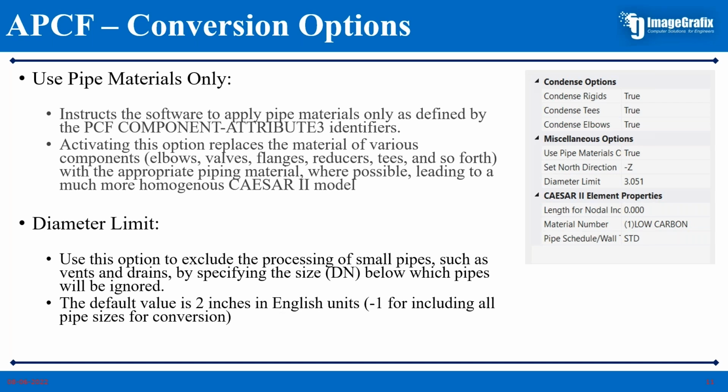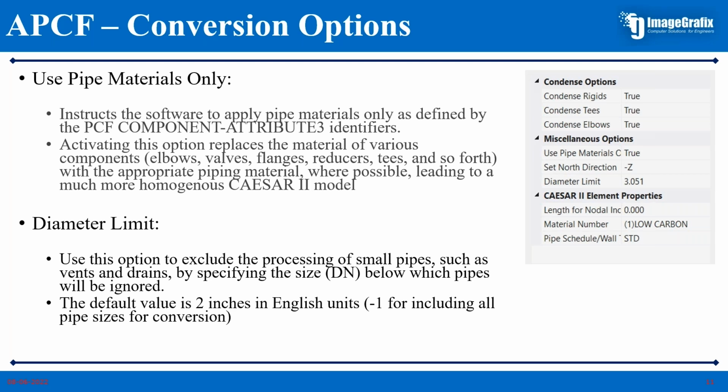Next, use pipe materials. The default option will always be true for this. Pipe material is component attribute 3 according to the PCF file generator, either from Smart Plant 3D or from your CADWorx; the material identification is component attribute 3. By default, whatever material property is given, that would be read.